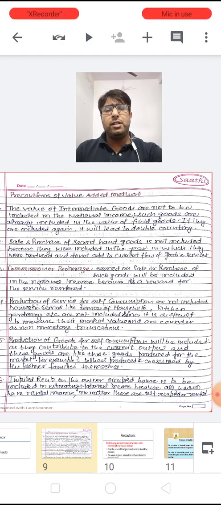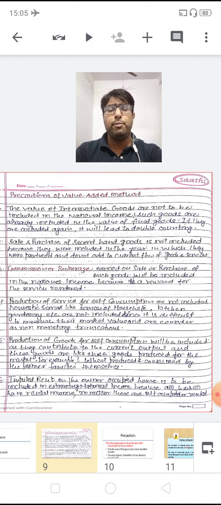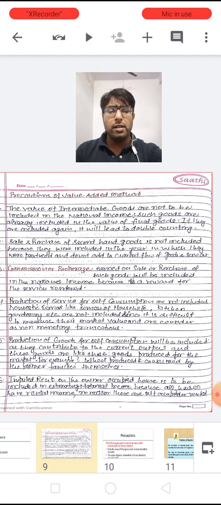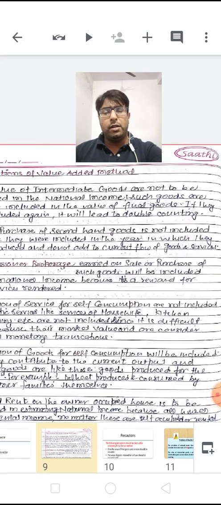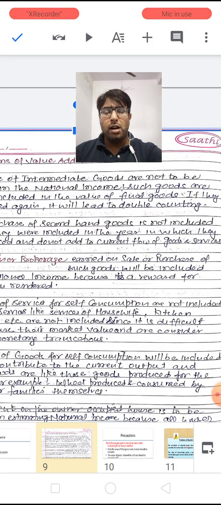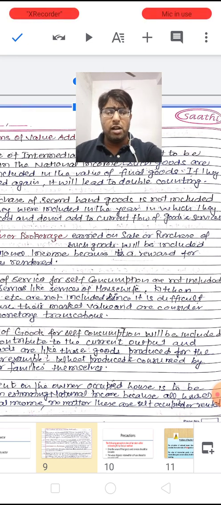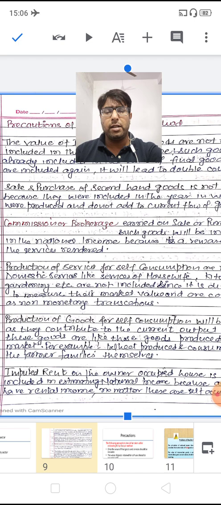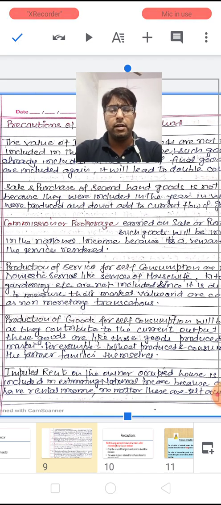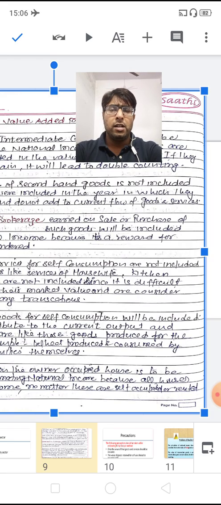Now the last precaution says that the imputed rent on the owner-occupied house is to be included in estimating national income, because all houses have some rental income, no matter whether they are self-occupied or rented.